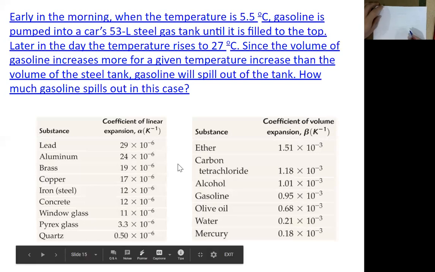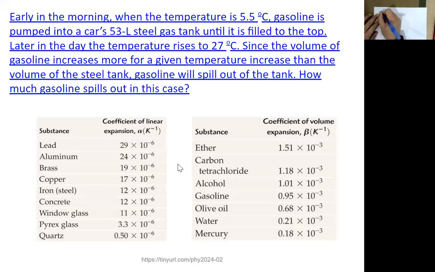So basically, you use this equation: the change in volume is equal to beta times V times delta T. V is the original volume given, so V here is the 53 liters. Delta T is your final minus your initial temperature. Beta for each material you have to look up in a table.